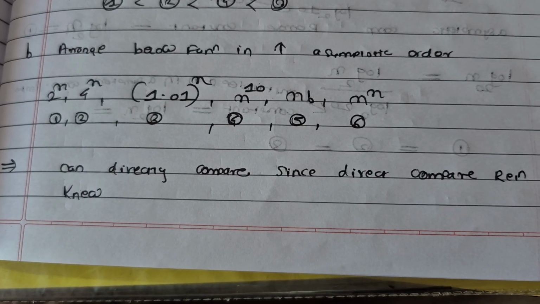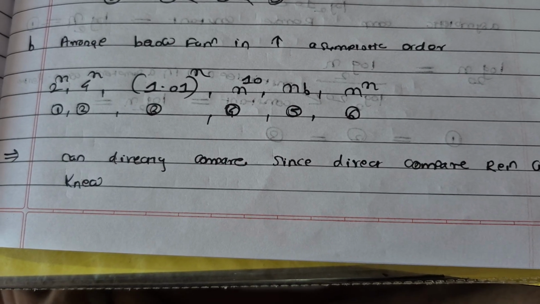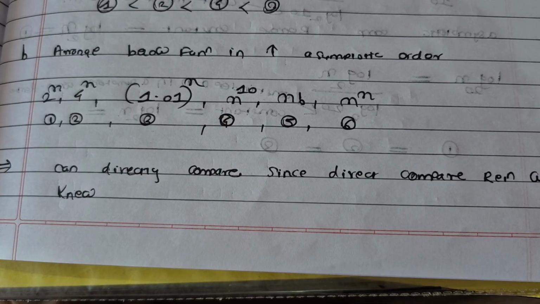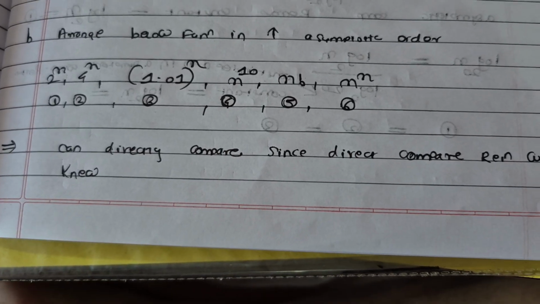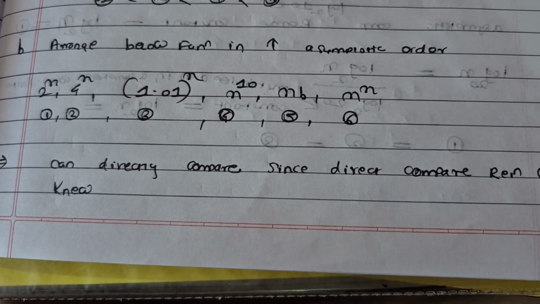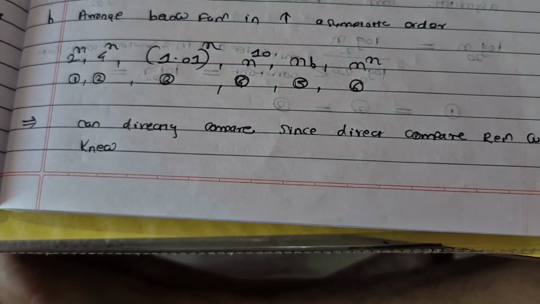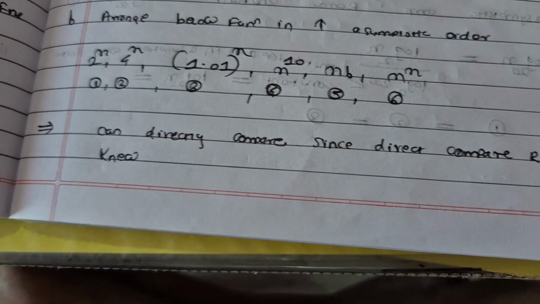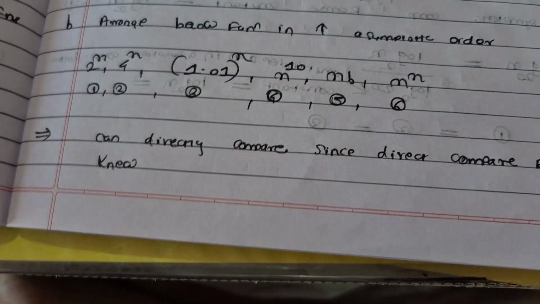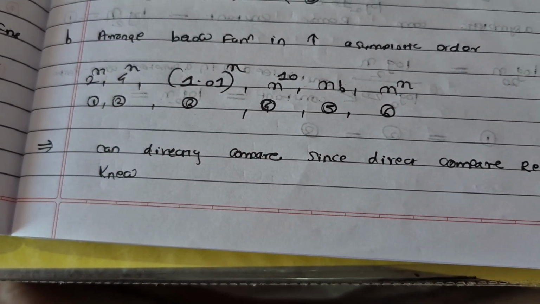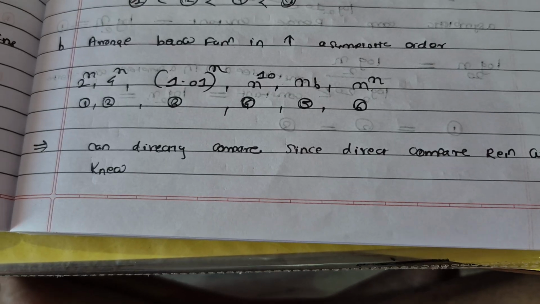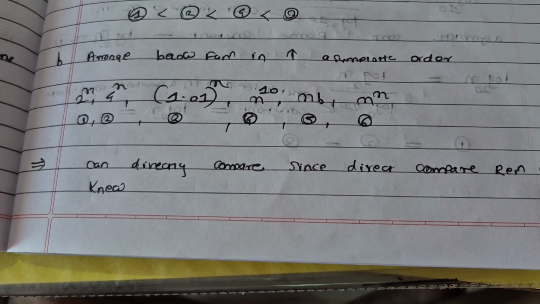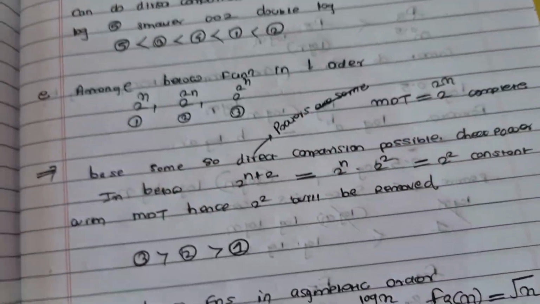Now we need to arrange in increasing asymptotic order 2 raised to n, 4 raised to n, and so on. After giving the numbering, you need to check the relation between them. We have seen the shortcut, the sequence to remember the functions: constant, logarithmic, polynomial, exponential, then factorial, and n raised to n. We can directly compare from this relation.